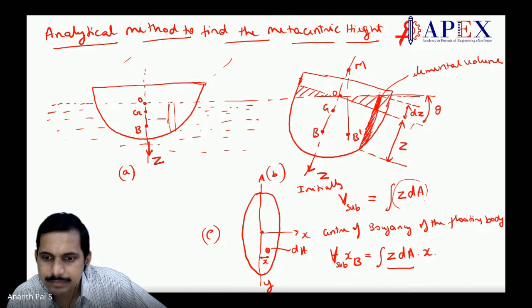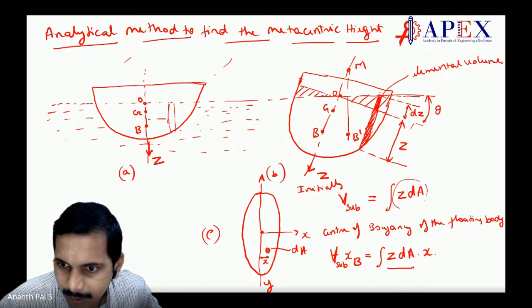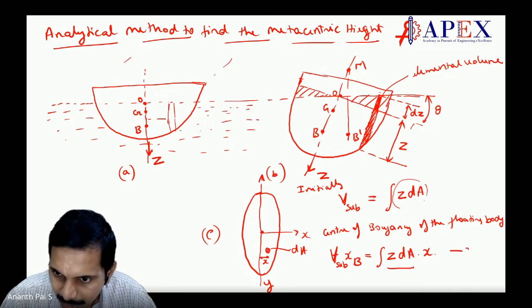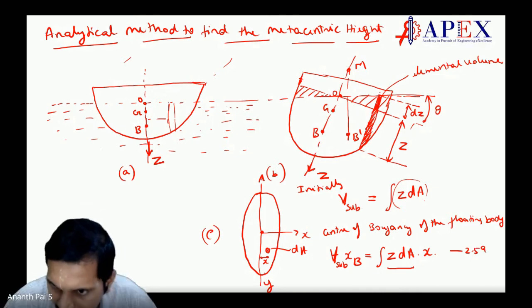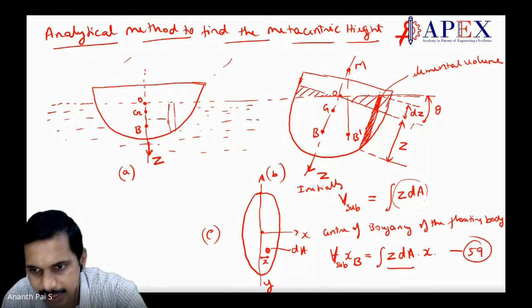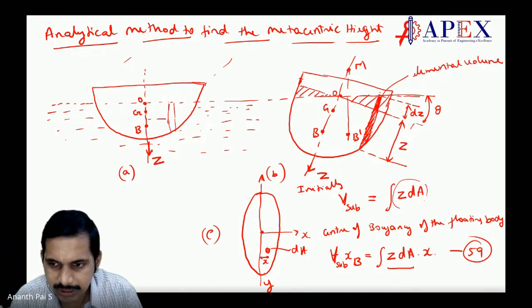Agree students? I'll use the equations which are given there. Let this be equation 59, which is given in the SOM also, the same equation I'm using. Any doubts till here? Can I move forward?